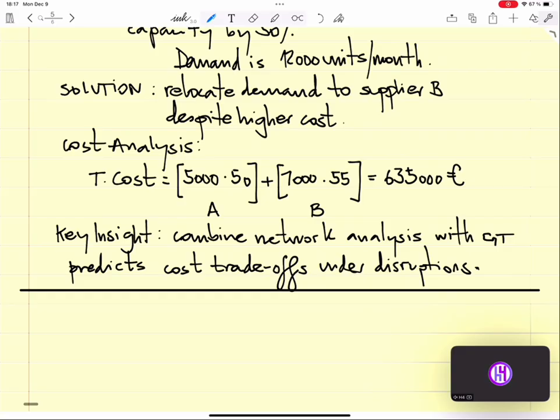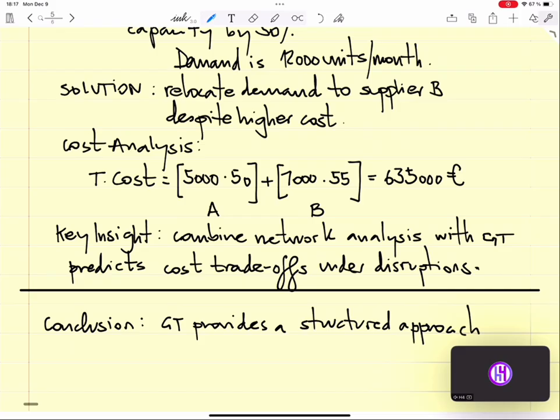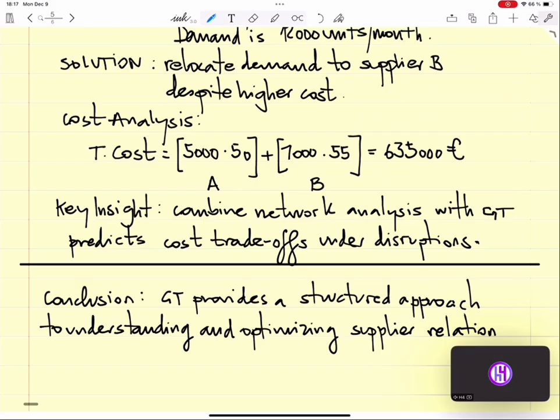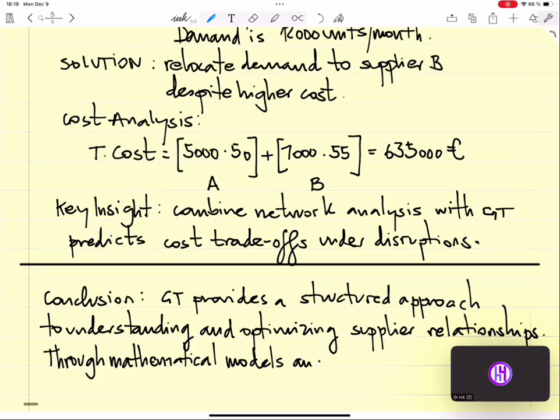So, conclusions. Game theory provides a structured approach to understanding and optimizing supplier relationships, through mathematical models and strategic applications.